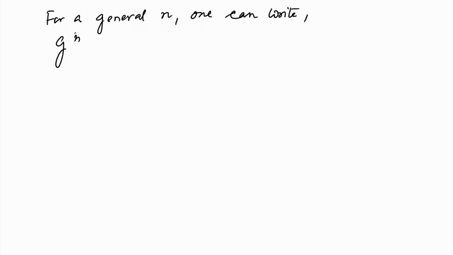So, for a general n, one can write g n k k prime equal to the sum over k 1, k 2 and so on, excepting k and k prime, which we reserve.